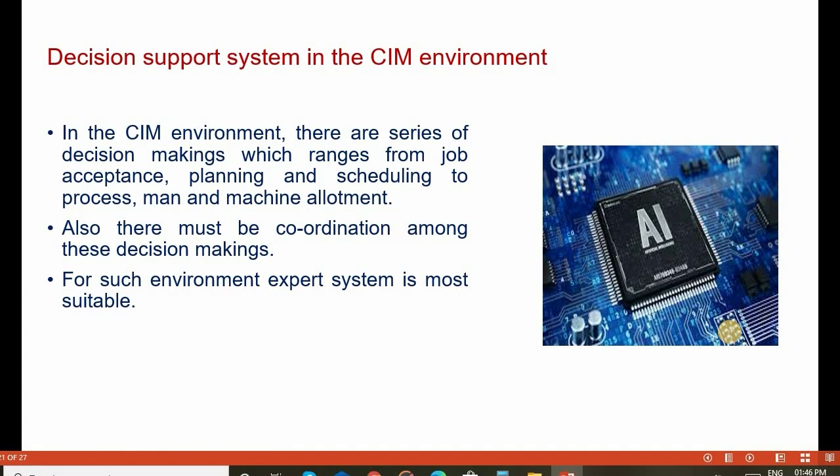Also, there must be a coordination of various decision making activities. For such requirements, the expert system is most suitable for the computer integrated manufacturing environment.